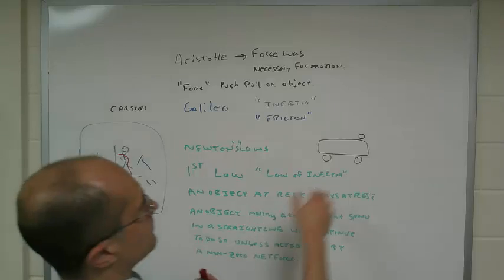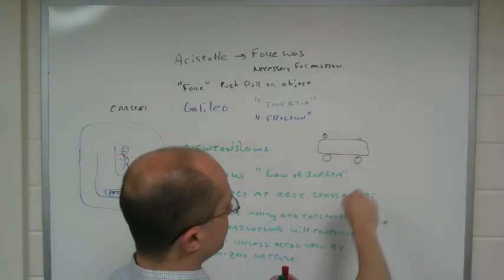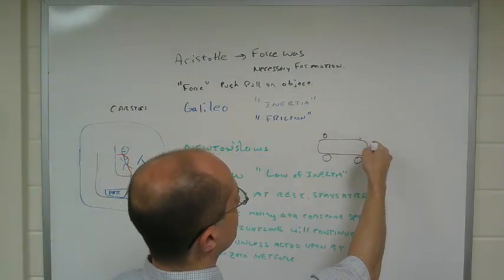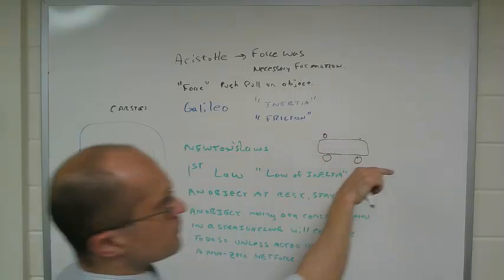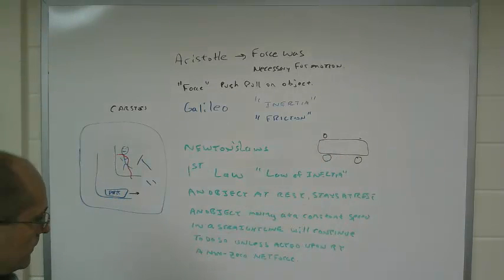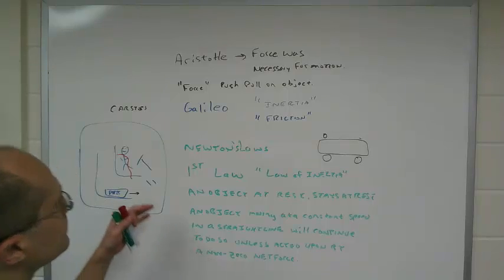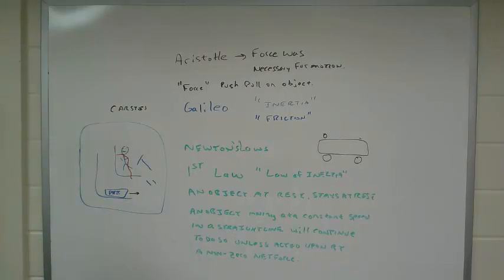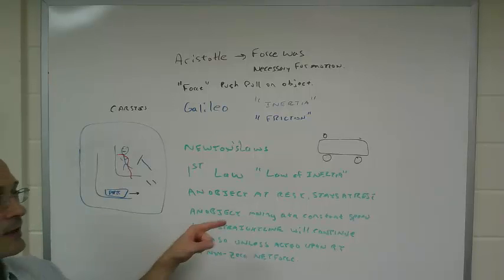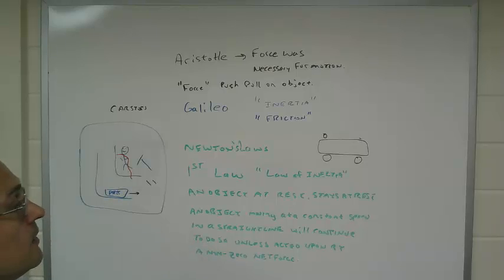Or if you had that marble sitting back here, push both together, and then you put your hand here and stop the car suddenly, the ball would roll forward. So these are just examples of Newton's first law. It's the law of inertia, that an object at rest stays at rest, and an object moving at a constant speed in a straight line will continue to do so unless acted upon by a non-zero net force.